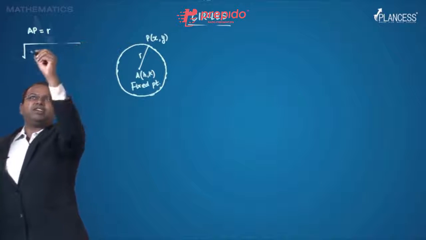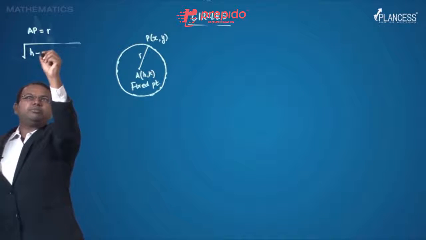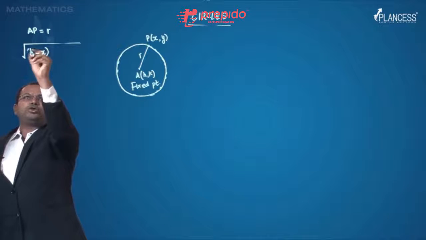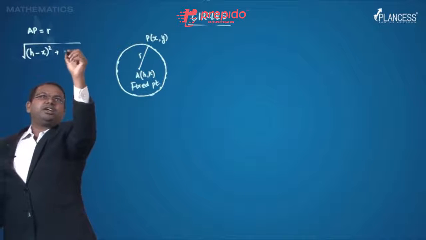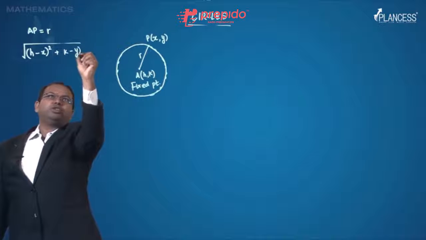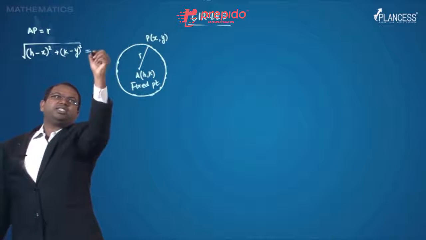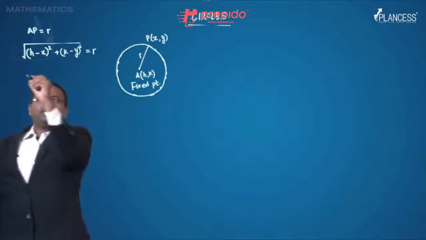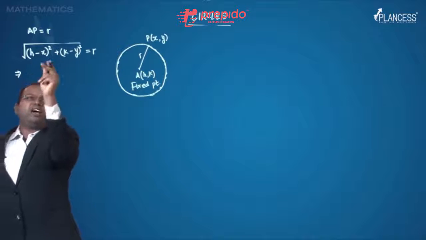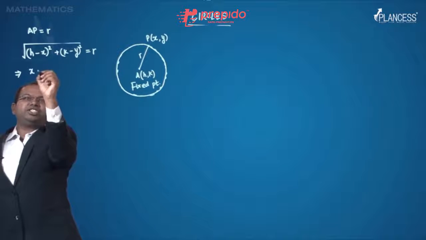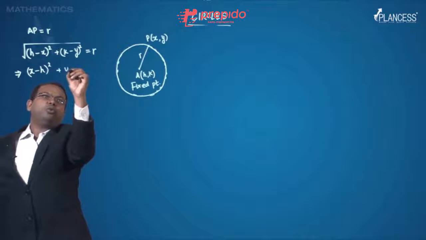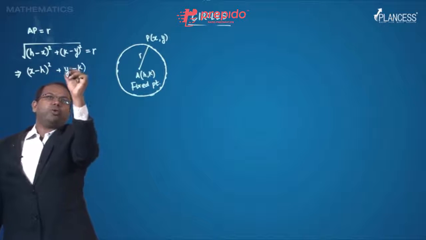So we can straight away write AP is square root of (h minus x) whole square plus (k minus y) whole square. This is equal to r. Now if we square this, what we have is, let's write (x minus h) whole square plus (y minus k) whole square.